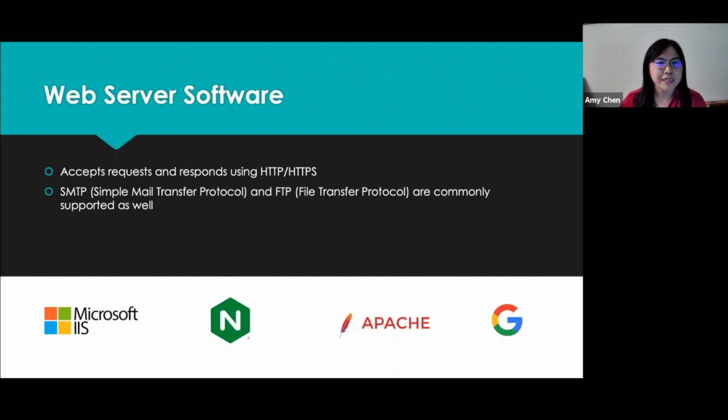And so, jumping into a little more detail on the web server software, its core purpose, as I mentioned, is being able to handle requests and responses coming in across the hypertext transfer protocol, HTTP or HTTPS.